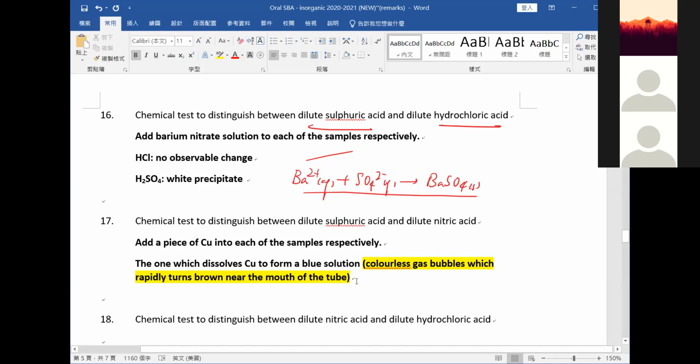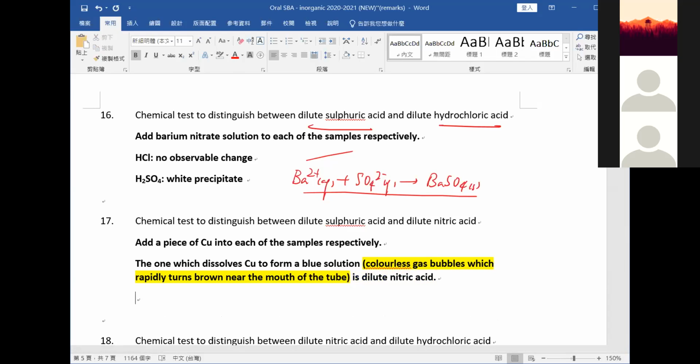Which is what? Dilute nitric acid. Why? Because dilute nitric acid is an oxidizing agent. How about the other one? For it, there is no observable change.